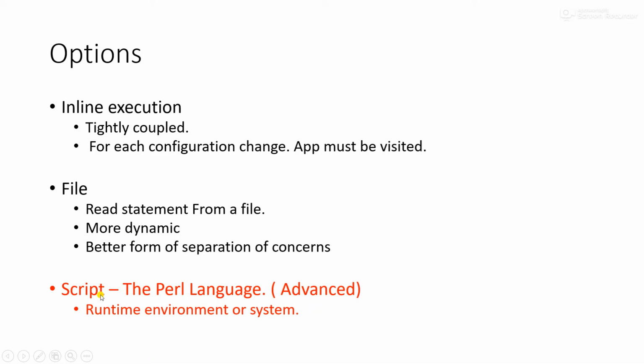And then the most advanced one is a script using the Perl language. That's way advanced, and that's for the runtime environment or system. So as we said, we are setting our isolation levels for our database.